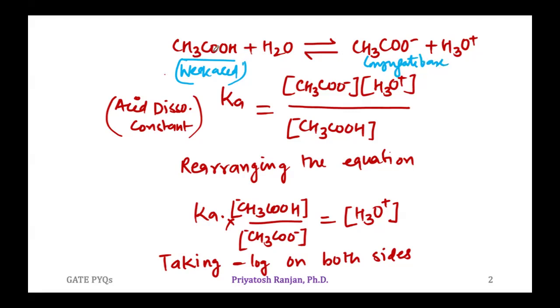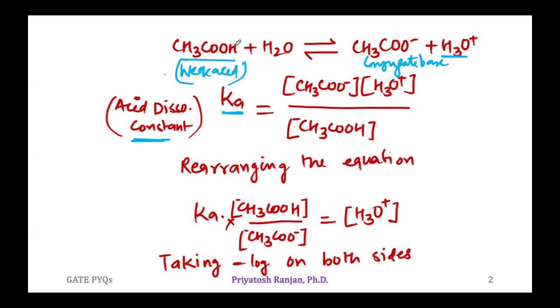Now in the aqueous solution, acetic acid will lose its proton to give the conjugate base CH3COO minus, and we can write the acid dissociation constant for this reaction as concentration of CH3COO minus multiplied by H3O plus.